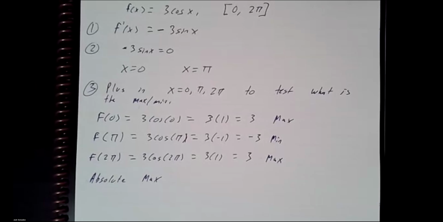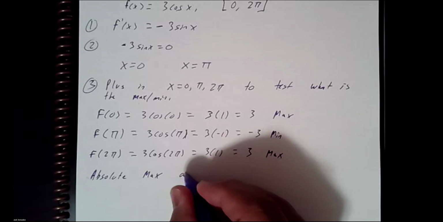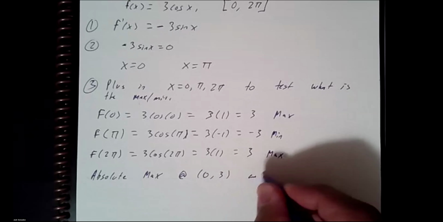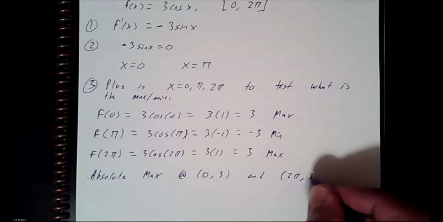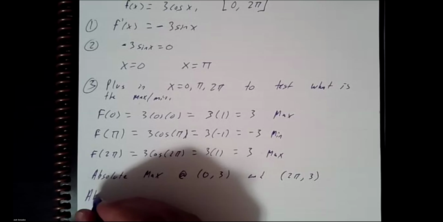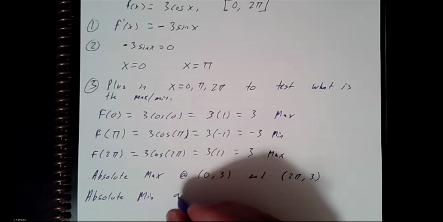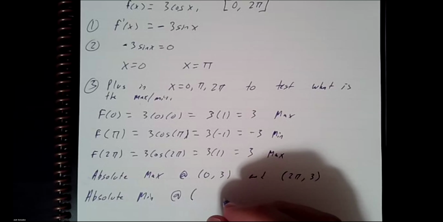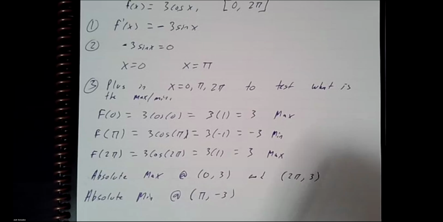We'll say absolute max at 0, 3 and 2 pi, 3. Absolute minimum at pi comma -3.